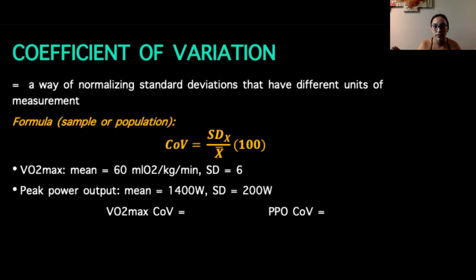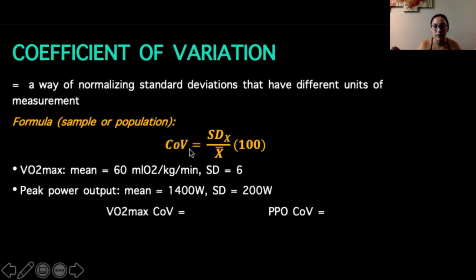Each of those is in potentially a different unit. Maybe we looked at how long it took someone to run a mile versus what their 1RM bench press is. Those units are very different. However, we can compare them by looking at a coefficient of variation. So again, a way to normalize our standard deviations if they have different units of measurement.